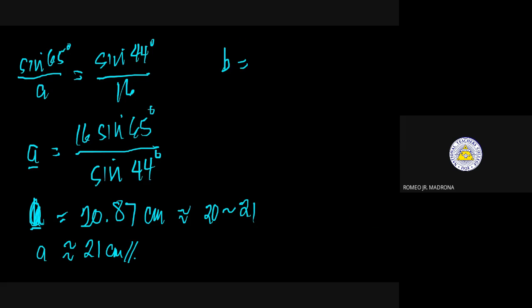Sige. So, letter B naman tayo. Ang letter B natin, maganda pala class yung, ano ba to, Cyan? Super Cyan. Maganda pala yung Cyan. Okay. So, letter B natin ay sine B. Ano nga ba yung B natin? 71. B is equal to sine 44 degrees.